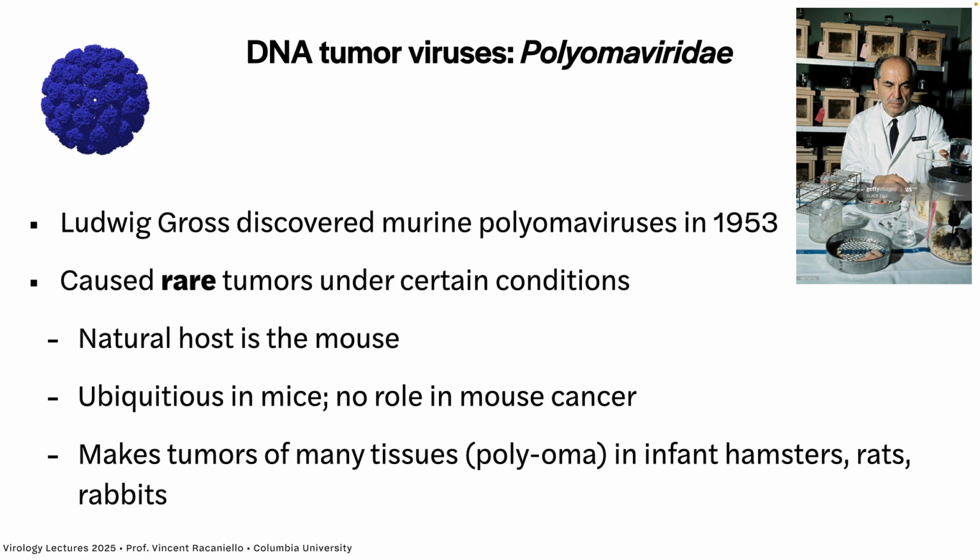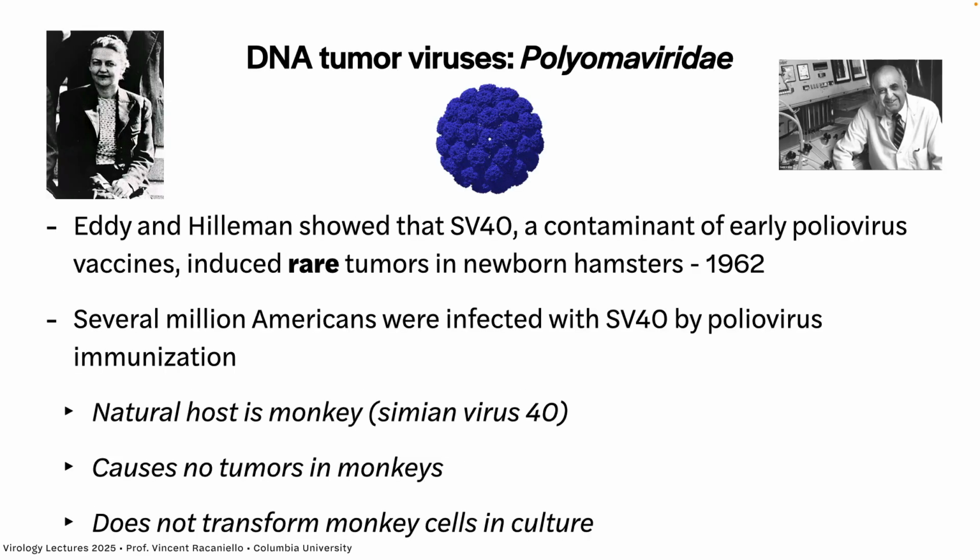They infect all mice in the wild, but they don't cause cancer. But they make tumors in other animals that are not the right hosts, like hamsters, rats, and rabbits. They cause tumors of many different tissues, which is why they're called polyoma, many tumors viruses. You'll understand all of this in a moment.